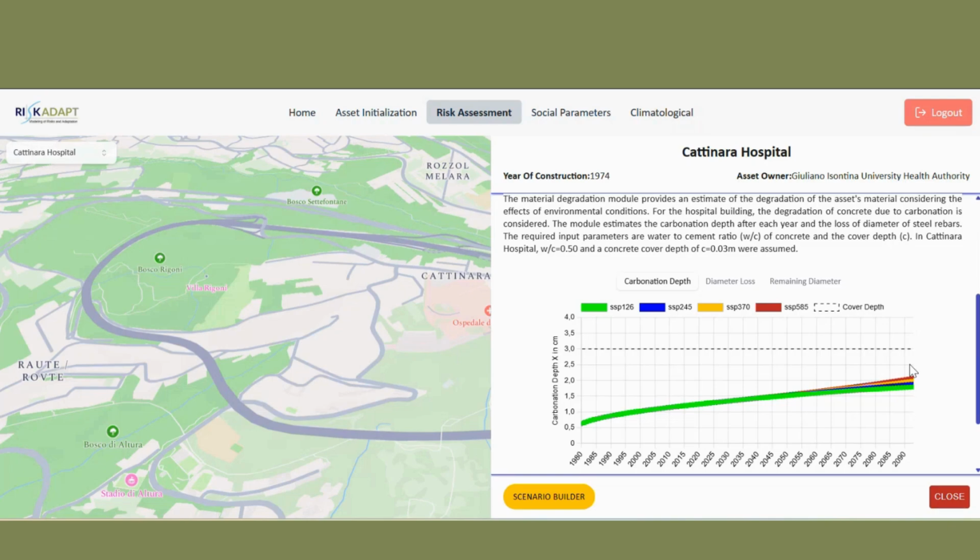So our structure seems not to be affected by corrosion of rebars due to carbonation. And some extra functionalities of the graph, the graph is interactive.